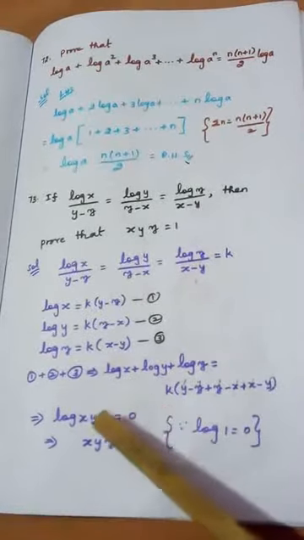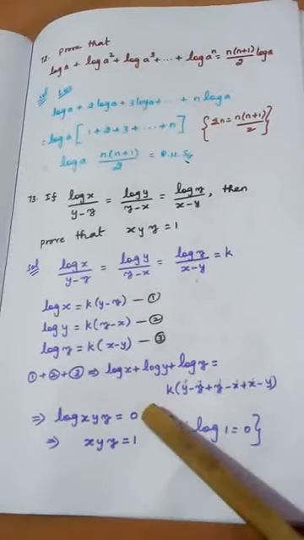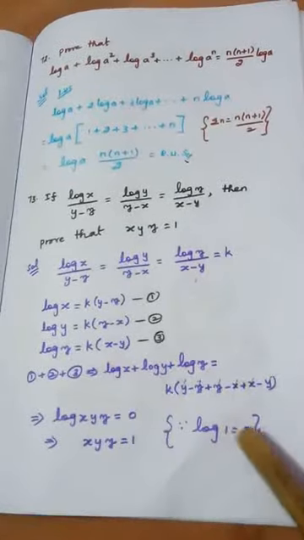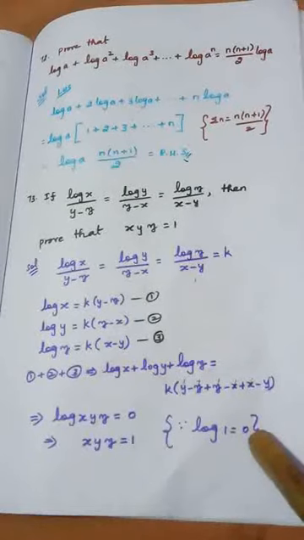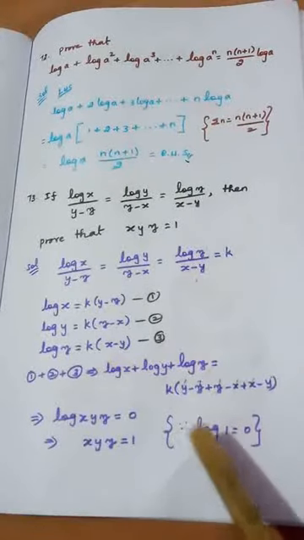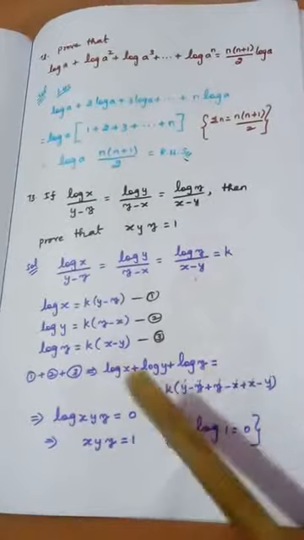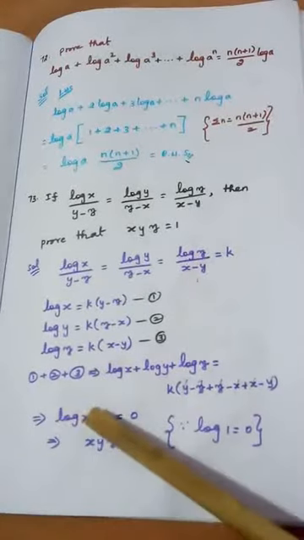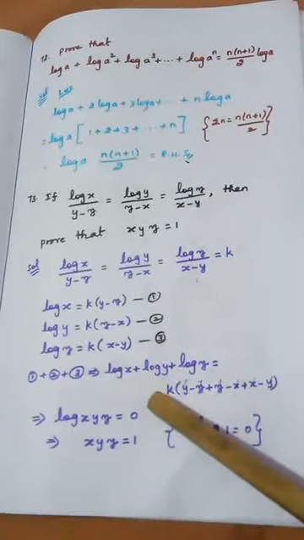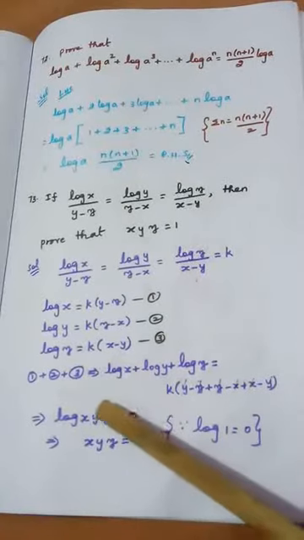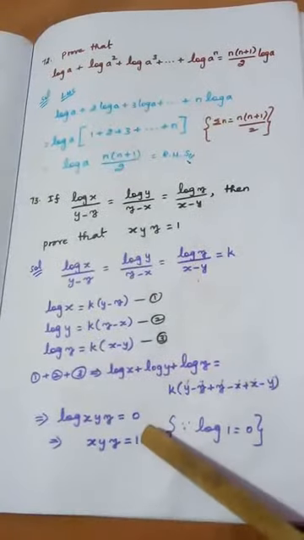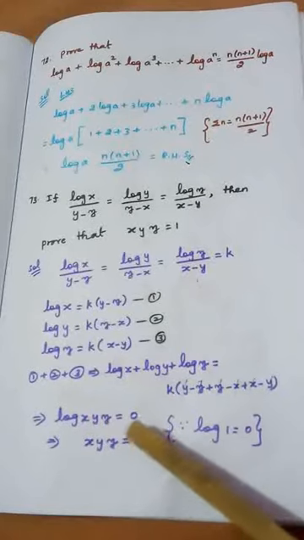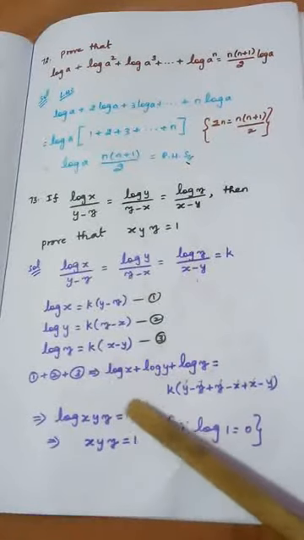So what is the meaning? We know the result that log 1 is 0. But here we are getting log xyz equal to 0. So what is the meaning? xyz should be equal to 1, then only this value will become 0.